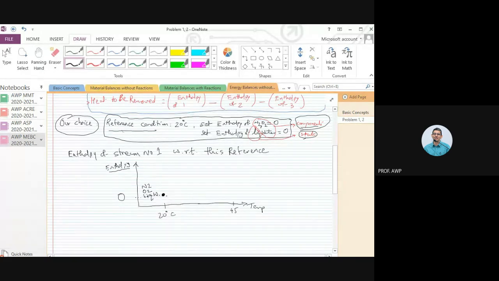Now what does stream 1 contain? Stream 1 contains nitrogen, oxygen, and water vapor.